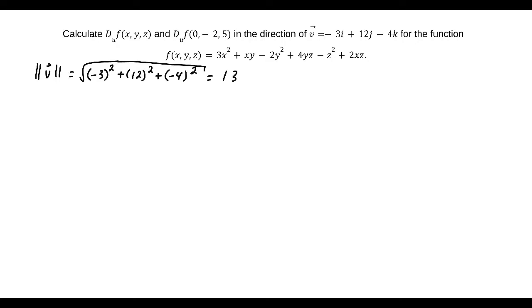Now we need a unit vector in that same direction. So the vector v divided by the magnitude of vector v will give us a unit vector, and that will be equal to -3/13 i + 12/13 j - 4/13 k.